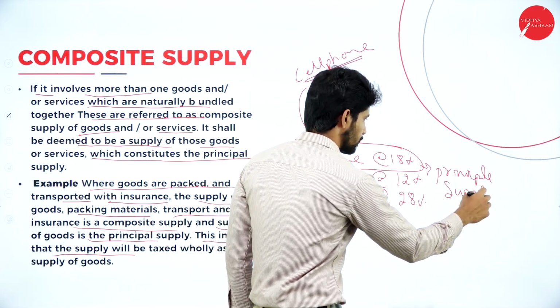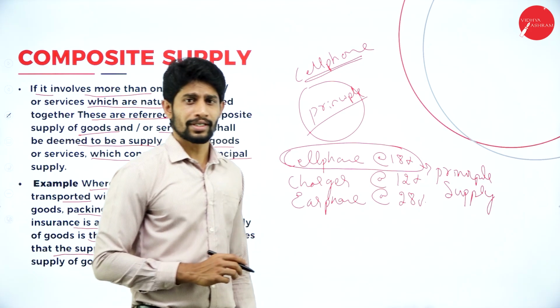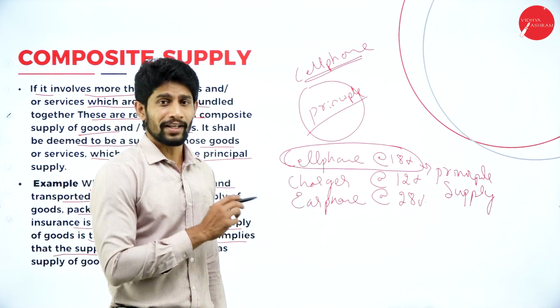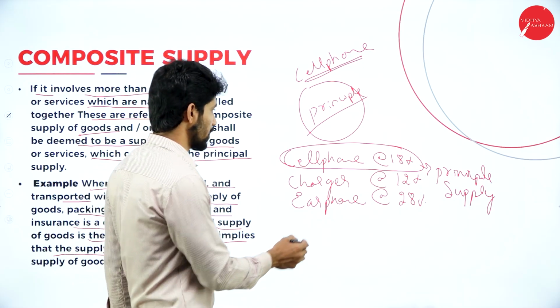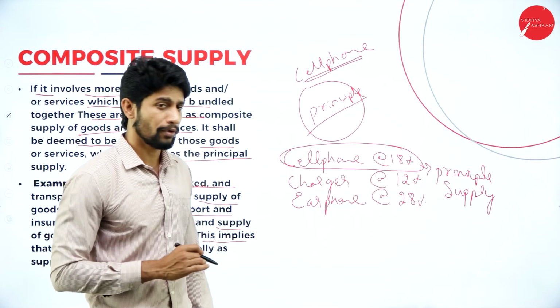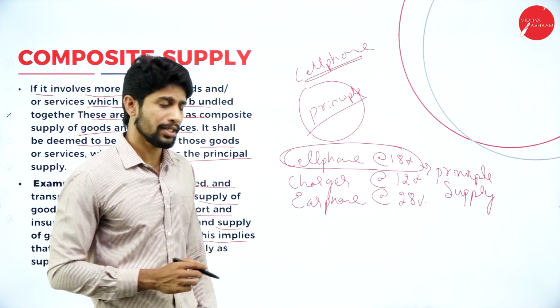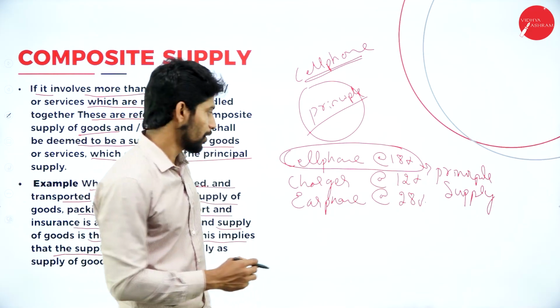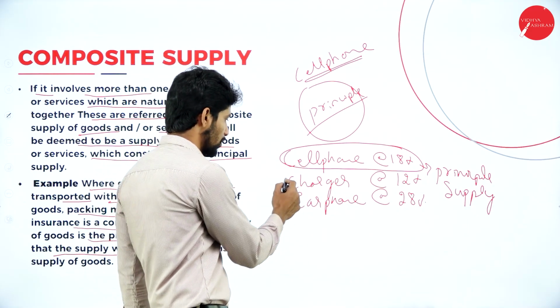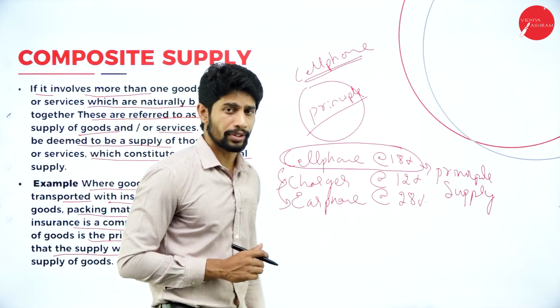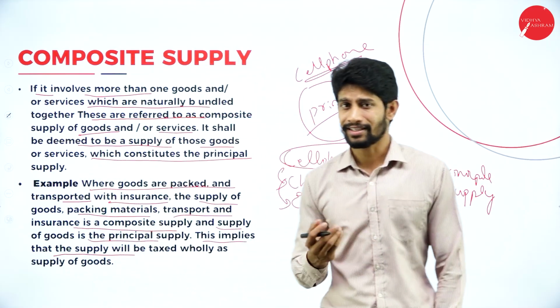So here we are supposed to consider the tax rate of the principal supply for all other products. If you are purchasing a cell phone in a bundle along with the charger and the earphone, then you are supposed to impose the tax applicable on the cell phone on the charger as well as on the earphone. This is how we are supposed to treat composite supply.